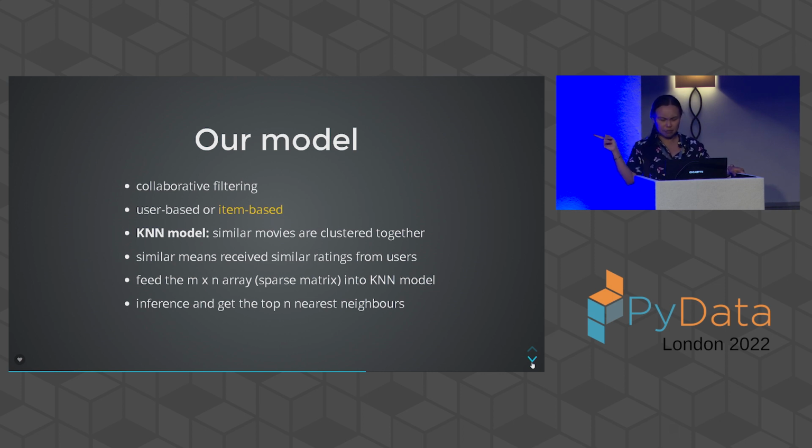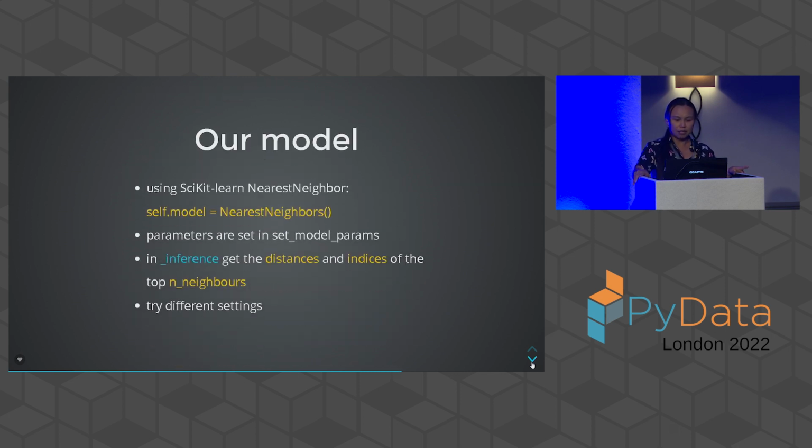Also, from the KNN model, again, it will be clearer when I show you the code. In the KNN model, you can also choose how to calculate the proximity of two vectors, using different methods. One method that we use is the cosine similarity method, which we'll go through in the code.